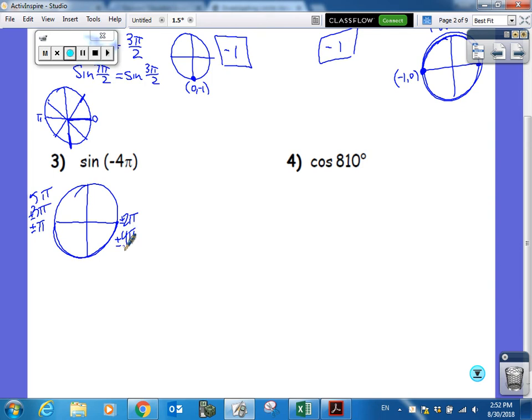That only works with the zeros and the pi's right there, the integers. We can't do that same thing anywhere else, where the even integers are over here and the odd integers are over here. Whether it's plus or minus, it doesn't matter. So -4 pi is going to end up right here. This point on our unit circle is the point 1, 0. Sine is the y value, so your answer is 0.